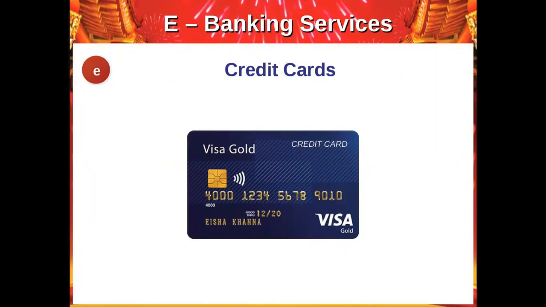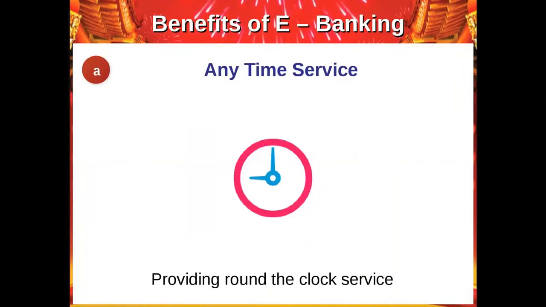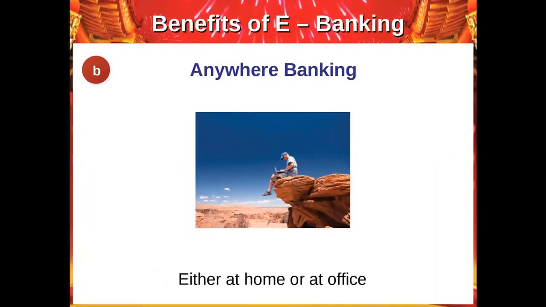That means you will pay this money back to the bank later. You're taking credit, and of course, it has a very high rate of interest. You can just log into the internet and start taking the services.